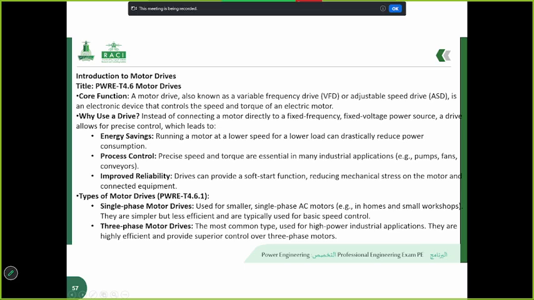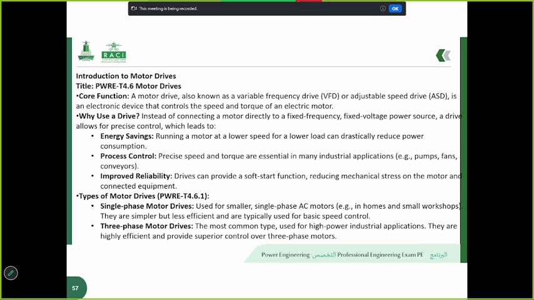So this slide also distinguishes between the two main types of motor drives based on the input power, single phase and three phase drives. Single phase drives are simpler and are used for low power applications such as in household appliances or some small workshops.